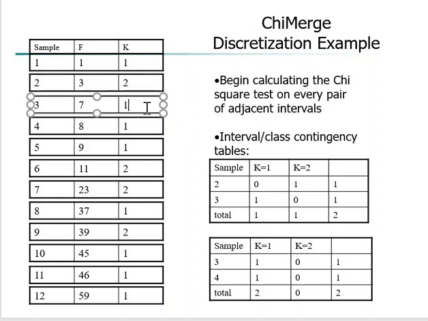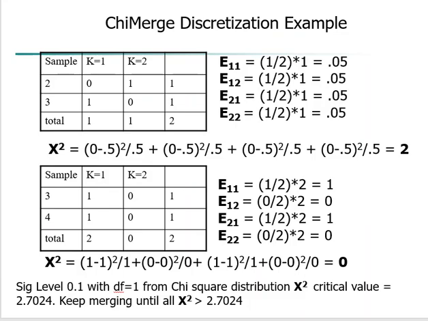And in this interval, we have one count of class equals 1. So this is our contingency table. And we'll create those contingency tables for every pair of intervals that we currently have. So those are two examples listed here. And we will perform the chi-square test on those.